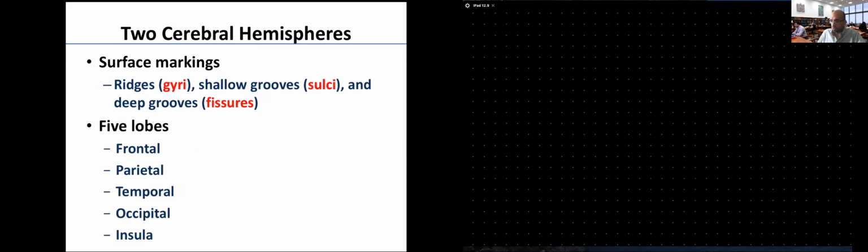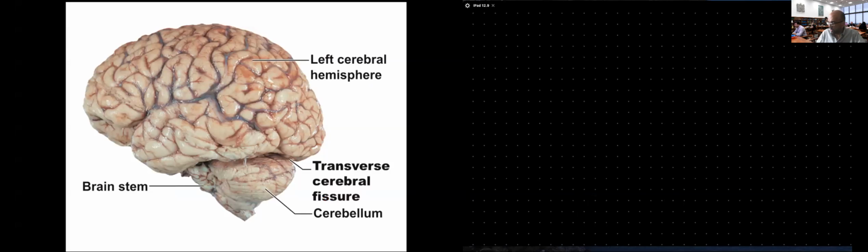Looking first at the cerebrum. The cerebrum is formed of an outer gray matter that will be shown by those elevations and depressions on the outer surface. We call the elevation here a gyrus, and those shallow depressions between the gyri, those are the sulci or sulcus.